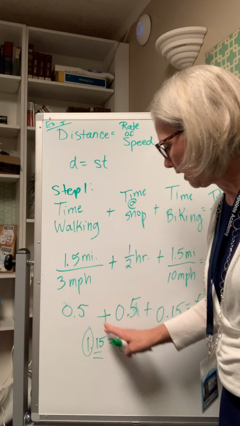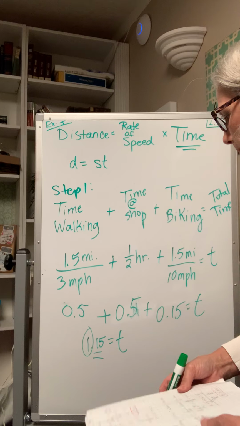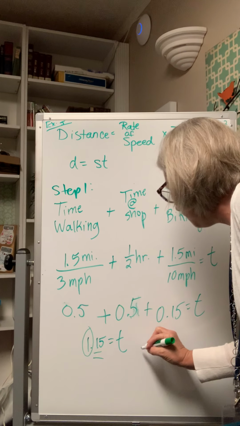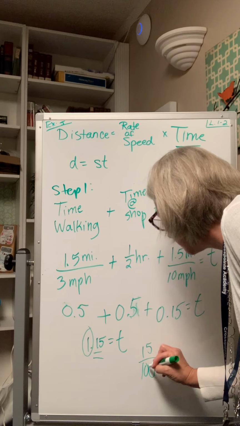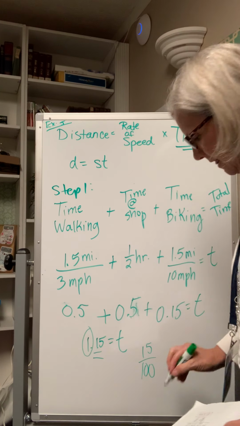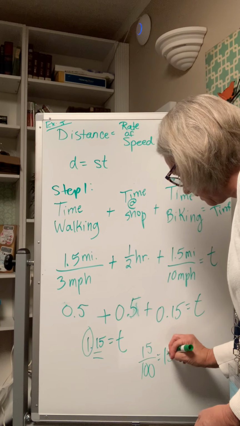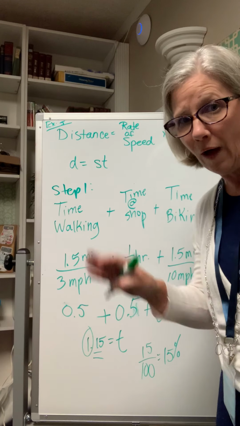But let's go ahead and convert this into minutes. What is 0.15? Well, let's think about this. Remember, 0.15 is equal to 15 hundredths. That is 15%, right? So that's 15% of a whole hour.